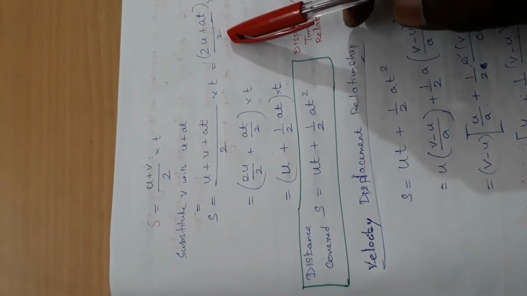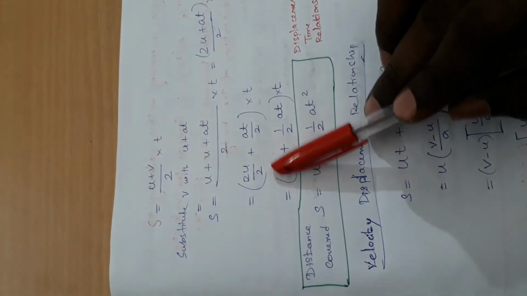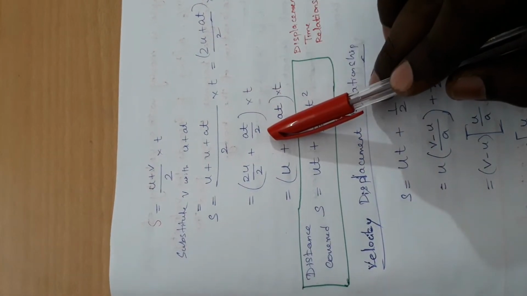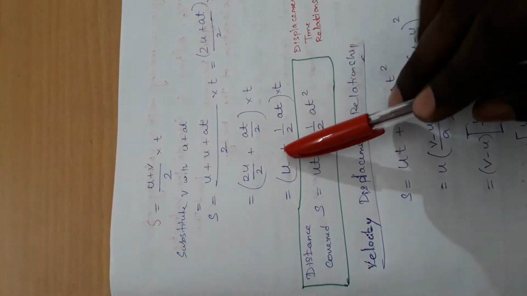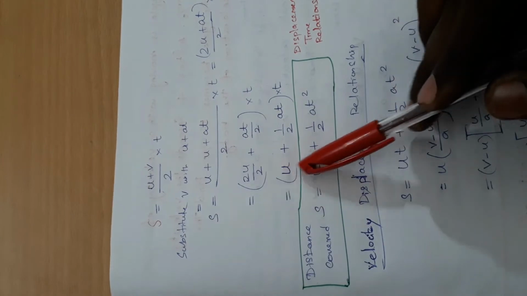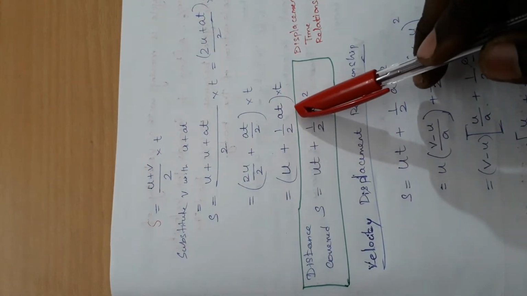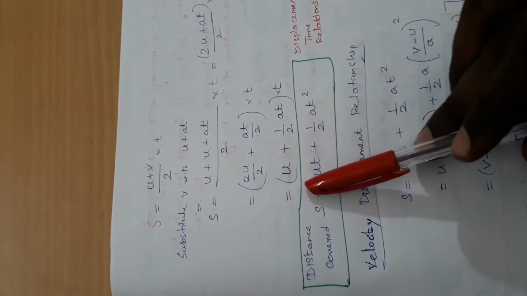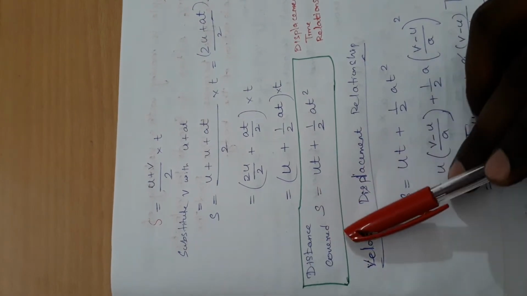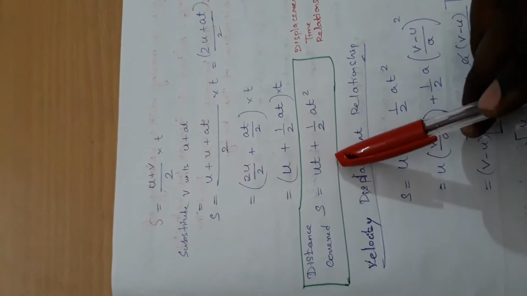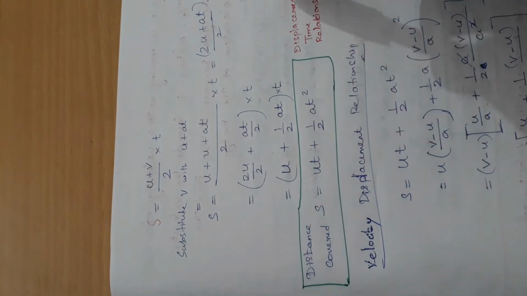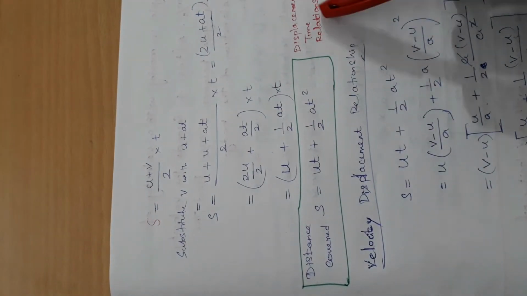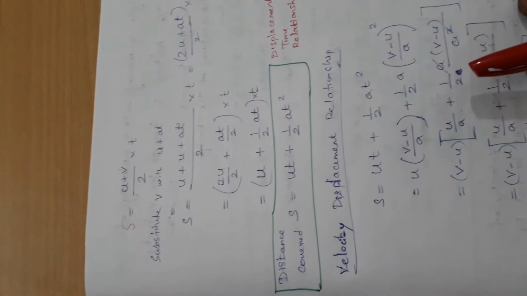Writing this separately, 2u by 2 plus at by 2 into t. The 2 and 2 get cancelled and we get u plus half at into t. Finally, the distance covered s is equal to ut plus half at square. This is the derivation for the displacement time relationship.